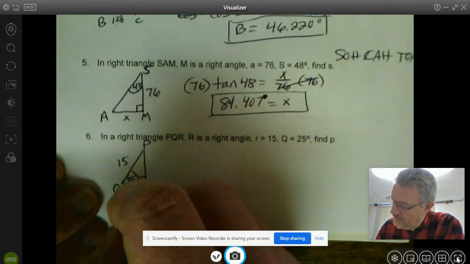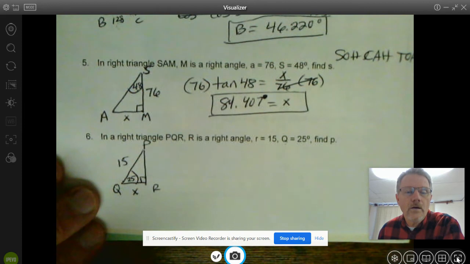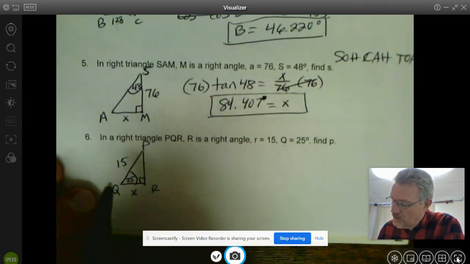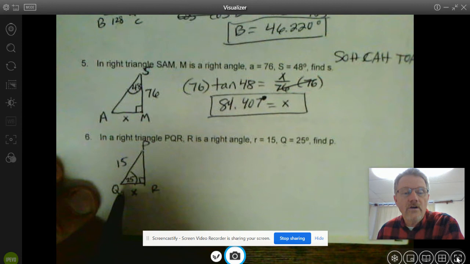Find P. Okay, so I have the 25 degrees. Never use the right angle, guys, when you're trying to find adjacent and opposite. It's always one of the other angles. All right, so 25 is adjacent to X and 15 is the hypotenuse.